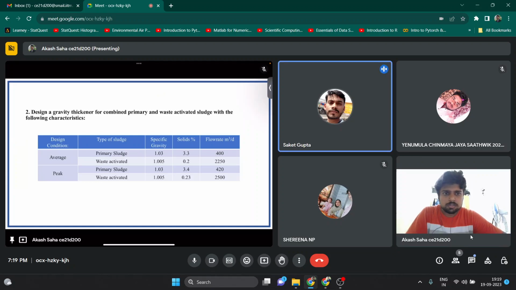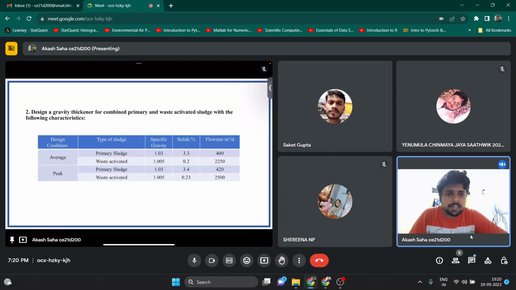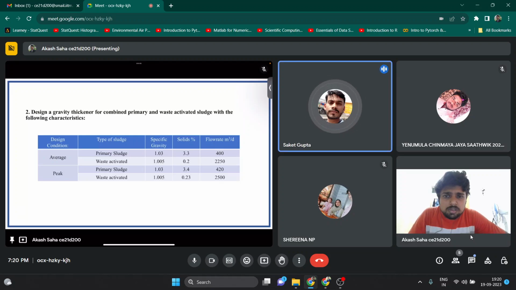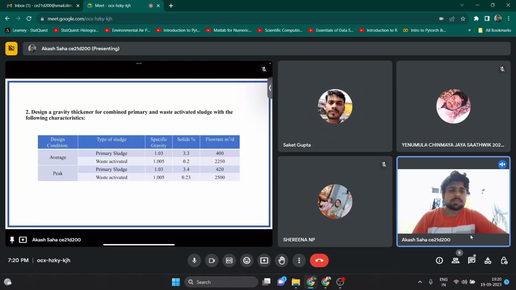Sir, are these questions related to GATE level examination? In GATE they won't ask you to design a gravity thickener, but they can ask any step of the design of a gravity thickener. Suppose in a gravity thickener design, first we have to find out the primary sludge dry solid content.